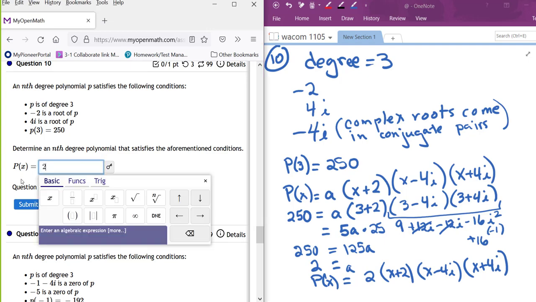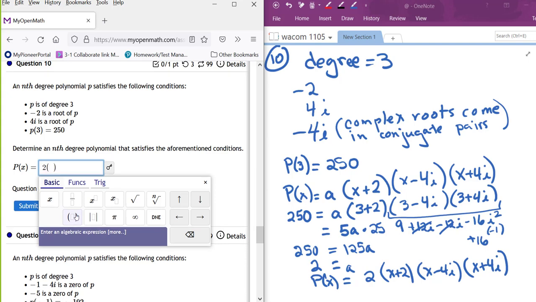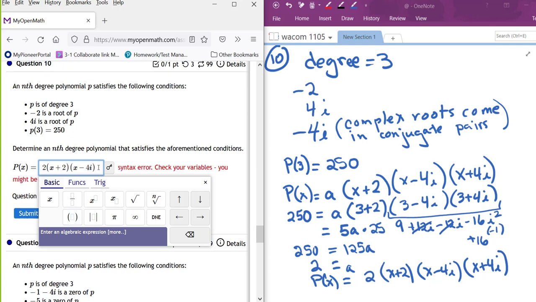So 2 times x plus 2 times x minus 4i times x minus 4i. It's probably not going to like that.